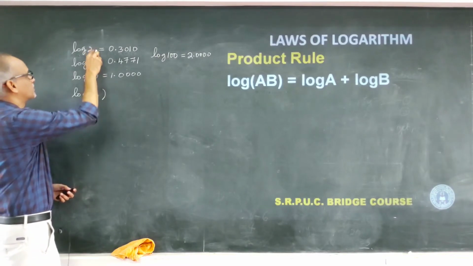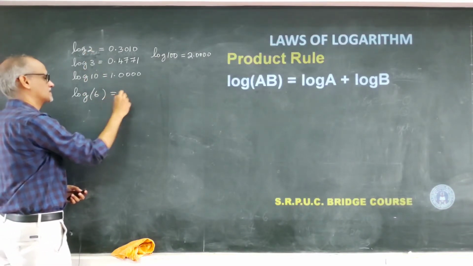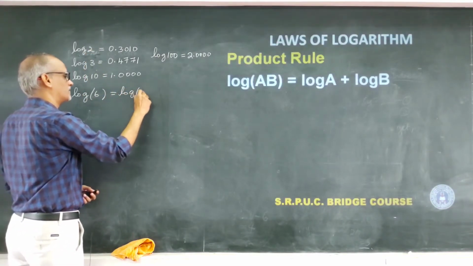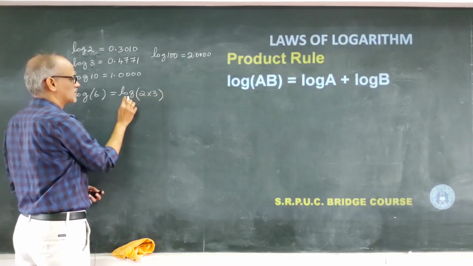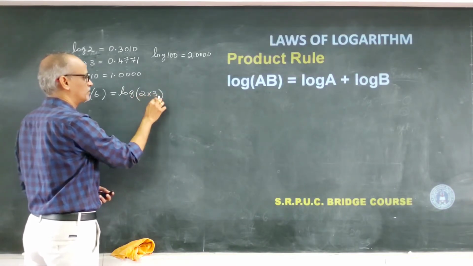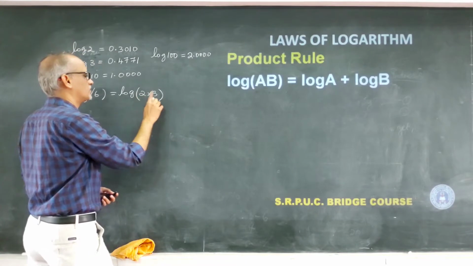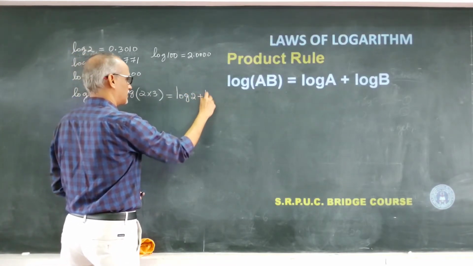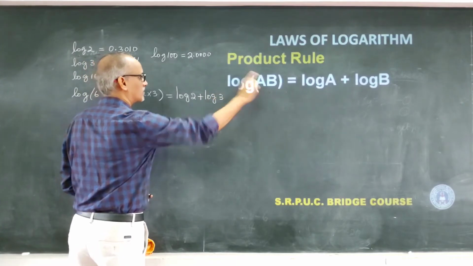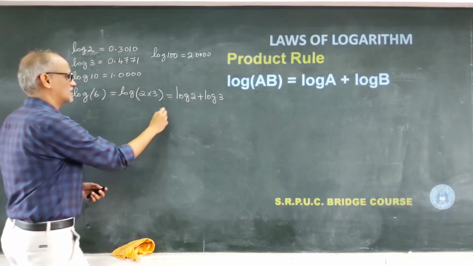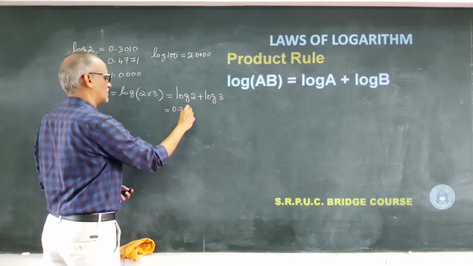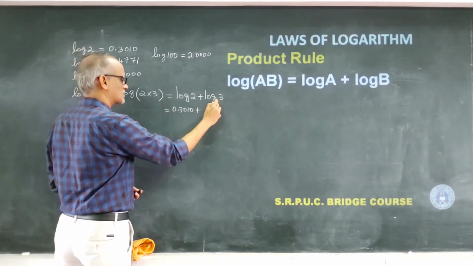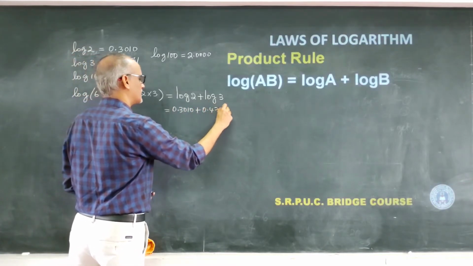Since I know the values of log 2 and log 3, I can write log 6 as log of 2 into 3. That is log A into B. So what is log A into B? Log A into B is nothing but log A plus log B according to the product rule. Log 2 is 0.3010 plus log 3, 0.4771.